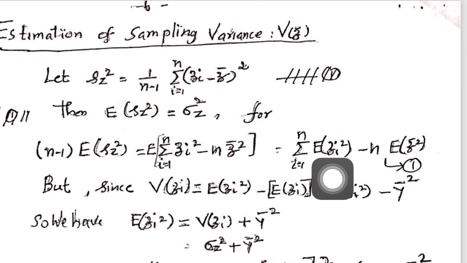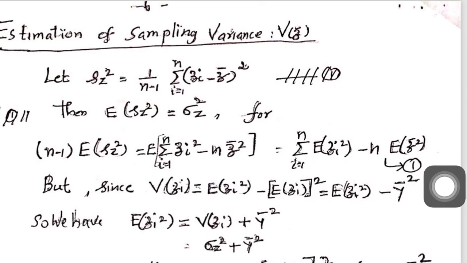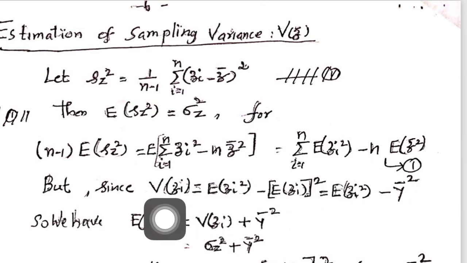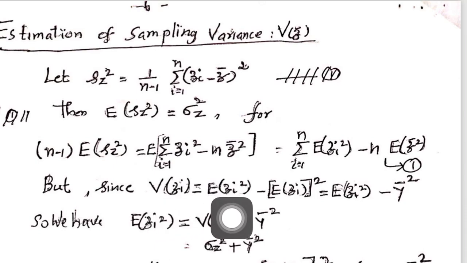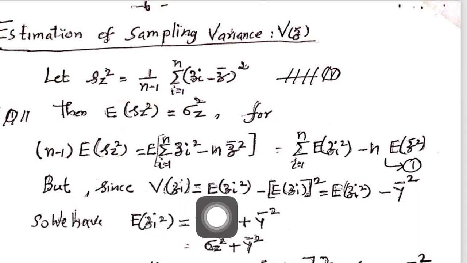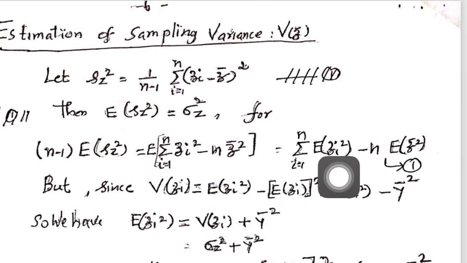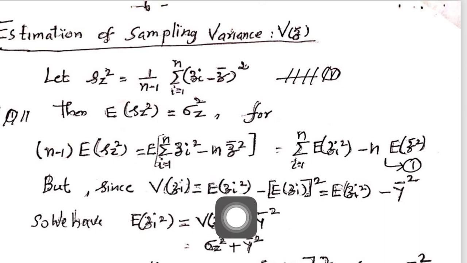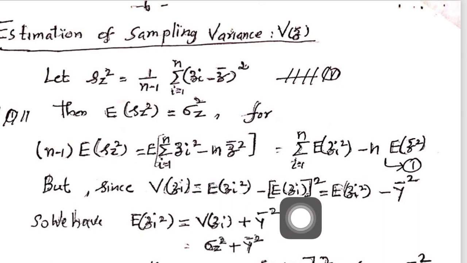Okay, and in order to find this expectation of zi square, we shall start with the variance of zi. First we consider the variance of zi, and as a consequence you can find the expectation of zi square, and that you will substitute here. That is what we are going to do. So for that purpose we start with the variance of our statistic zi. Variance of any statistic is equal to expectation of that square minus expectation of it the whole square.